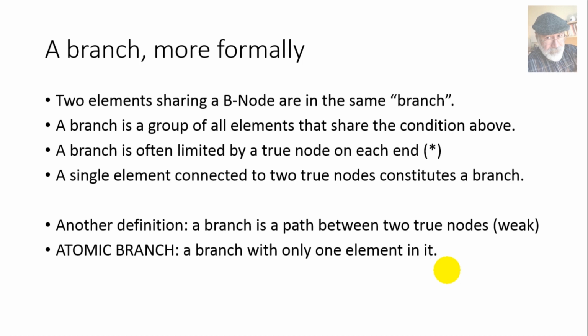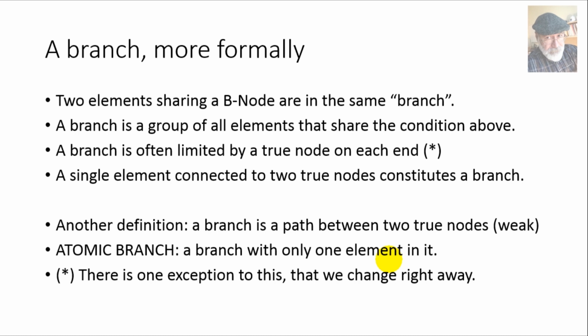An atomic branch is a branch that has only one element in it. It has only one battery or one resistor or one inductor or capacitor, but only one. That is an atomic branch. It has no binary nodes. The asterisk refers to the one exception to this rule that a branch begins and ends in a true node.